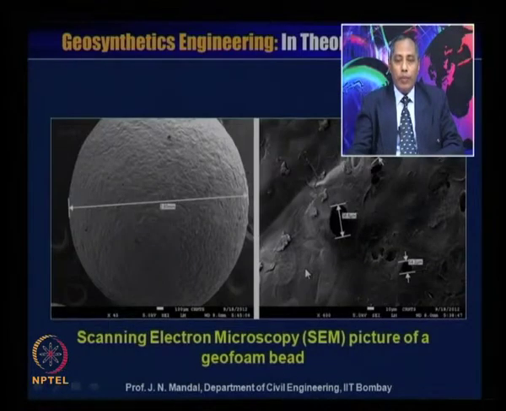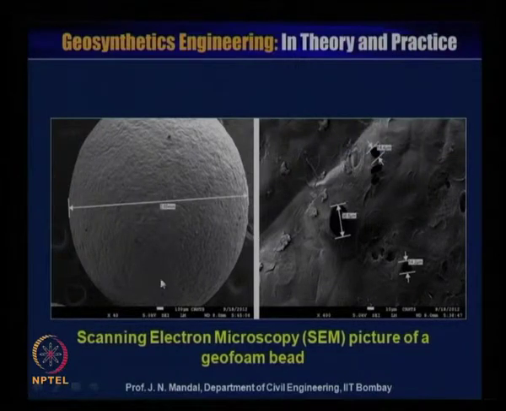And if you take a scanning electron microscope, that is an SEM picture of the geofoam beads, you can see how these beads look, and what the opening of the beads material is.